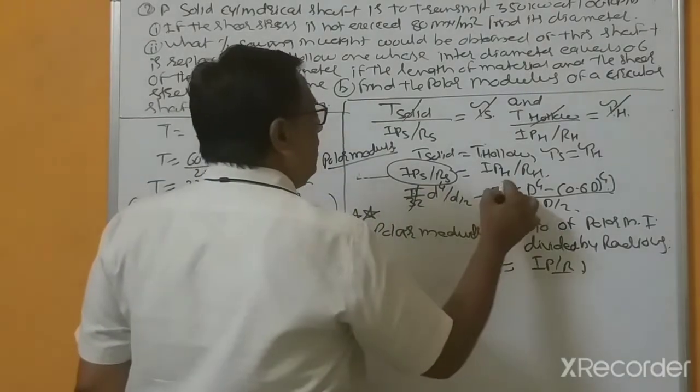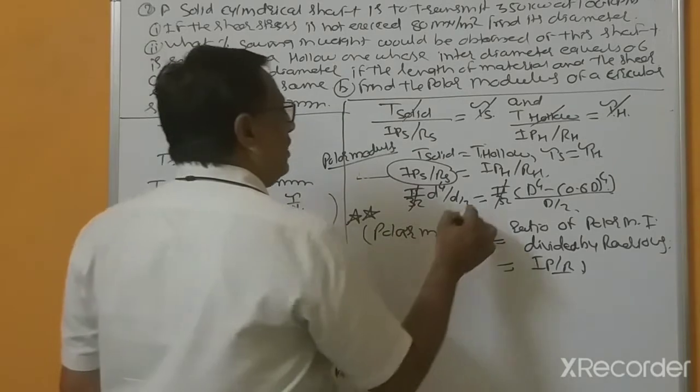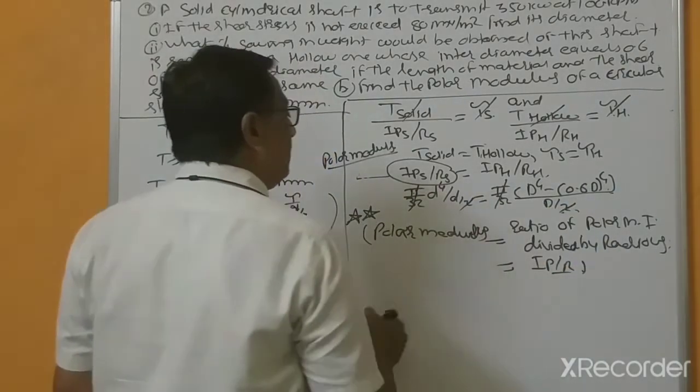Now this pi by 32 will get cancelled, and this 2 will get cancelled.